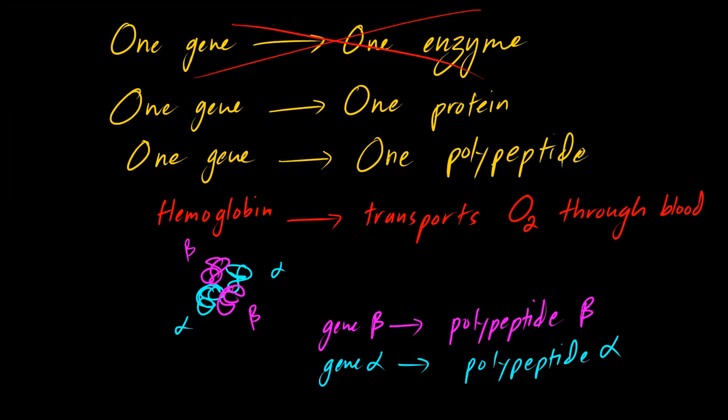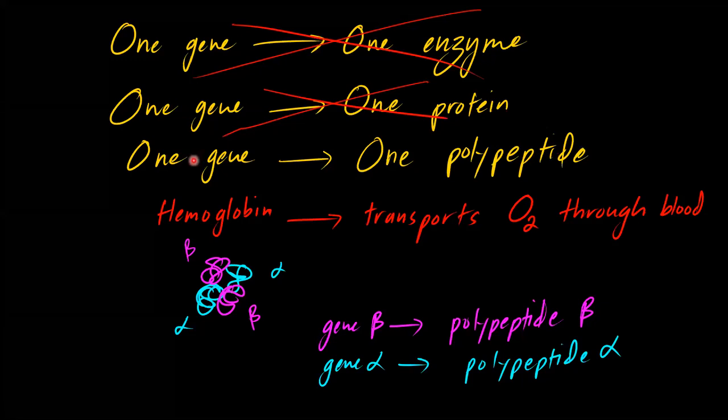Not a whole protein, because this is 1 polypeptide, 2 beta polypeptides, 2 alpha polypeptides, they make 1 protein called hemoglobin. So now, this is no longer valid. This is basically a more correct statement.